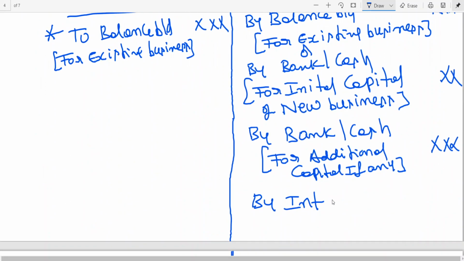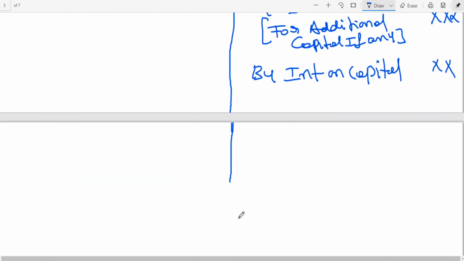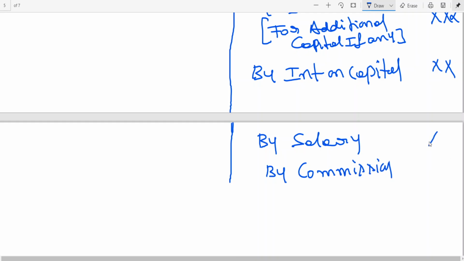By interest on capital, we have learned about interest on capital, on what balance we should calculate. By salary, by commission, salary of whom? Partners, commission to partners.